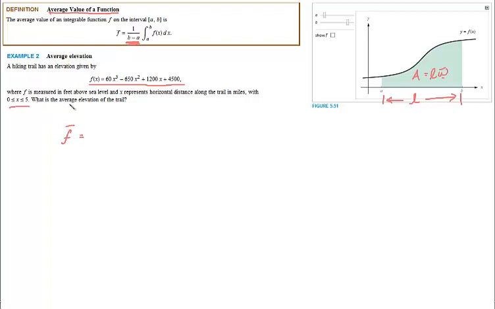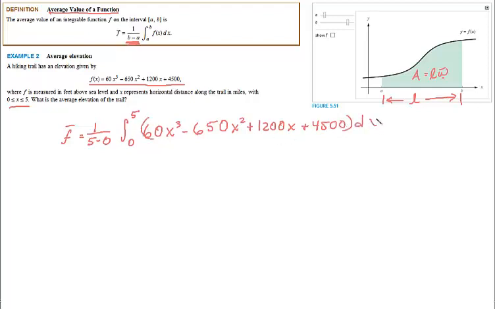I need to know it from 0 to 5, so I'll be looking at it from 5 to 0, and then I will just integrate all of this, dx with respect to x. So this will give me 1 over 5.